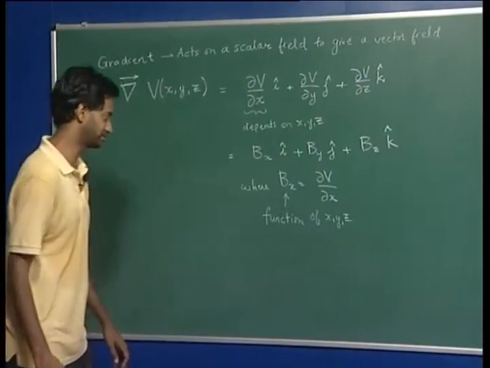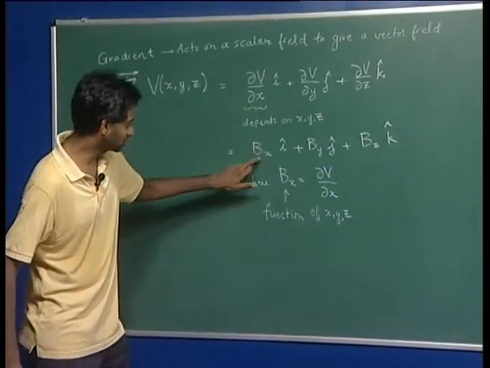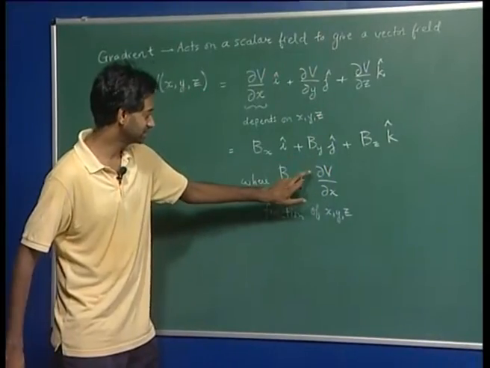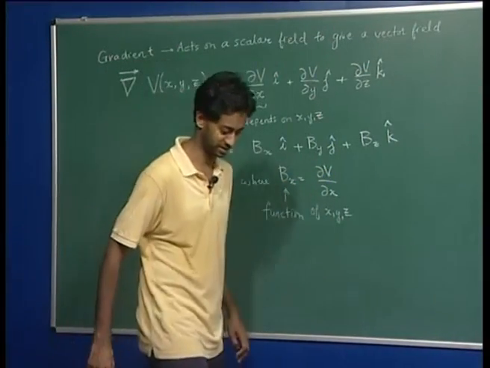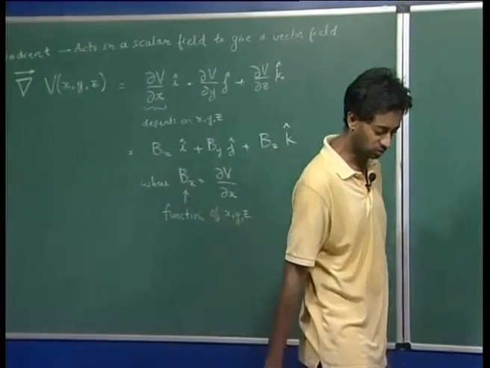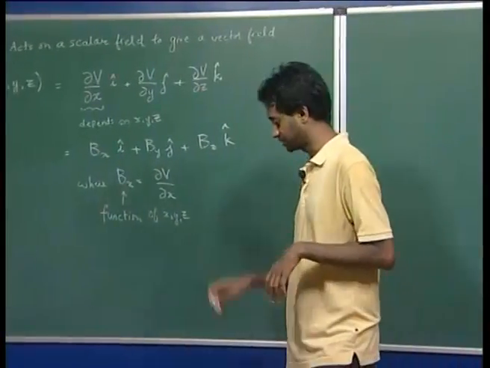Similarly, we can write the y and z components. So, you say that the three components of the gradient are nothing but the derivatives of V with respect to x, y, and z.